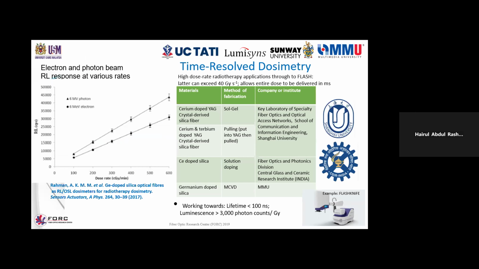We worked with different materials such as cerium-doped NIAC, cerium and terbium co-doped NIAC, cerium-doped silica, in partnership with our friends in Shanghai University and CSIR India. The aim was to work towards a material whose lifetime is less than 100 nanoseconds and produces a high density of luminescence, higher than 3,000 photon counts per gray.